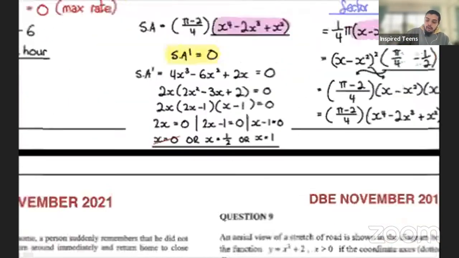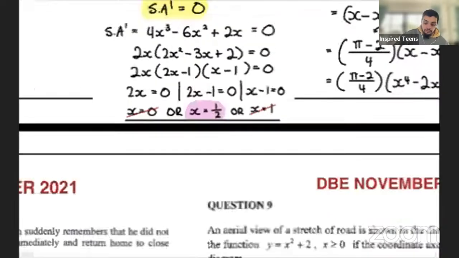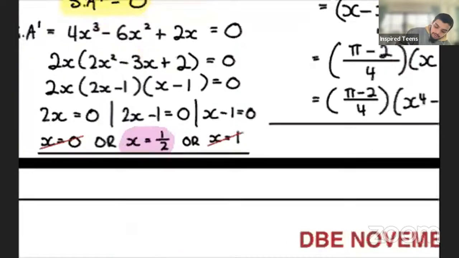Now it's between a half and 1. There was a certain criterion in the question that said x is between 0 and 1, not included. So it's every value between 0 and 1 except 0 and 1. Therefore 1 is out as well. So our correct answer here is a half. The x value for which the shaded area would be a maximum is a half.